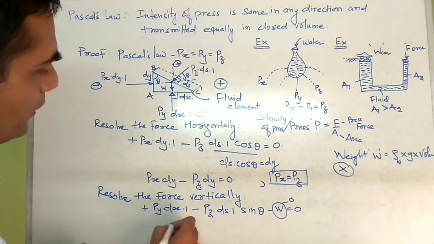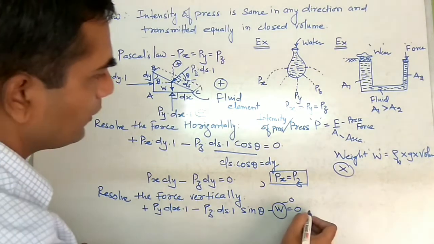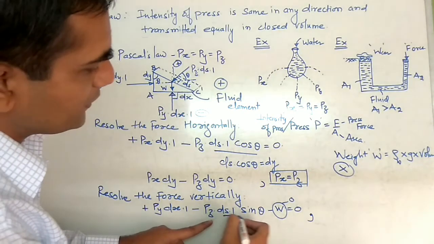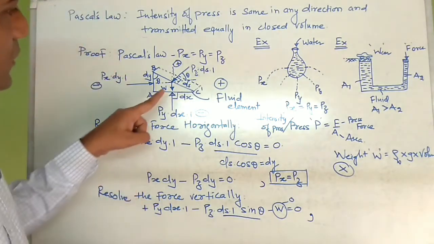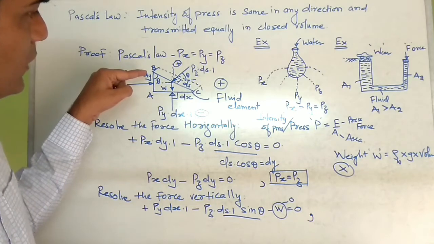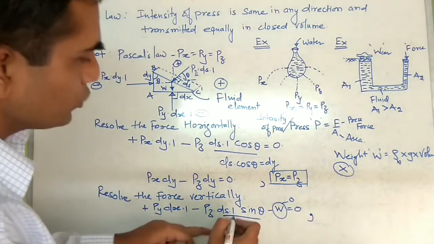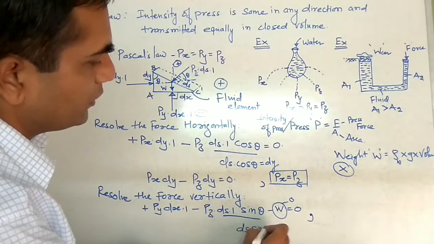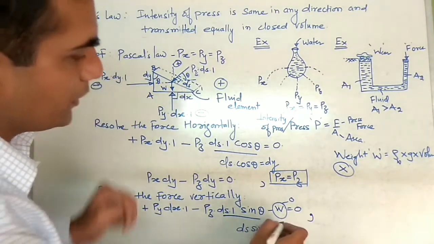Then after this we can see that ds sine theta means horizontal component, so ds sine theta is equal to, we may write it as dx.